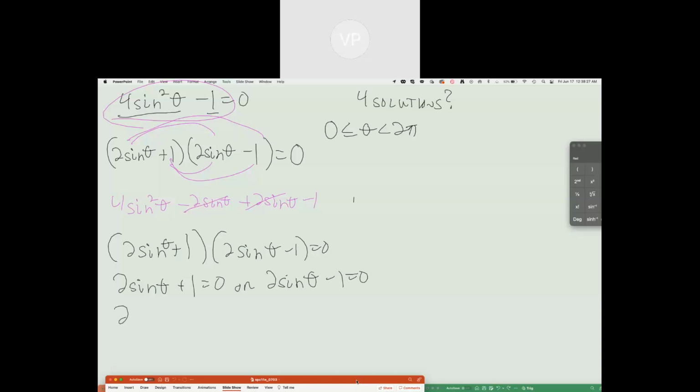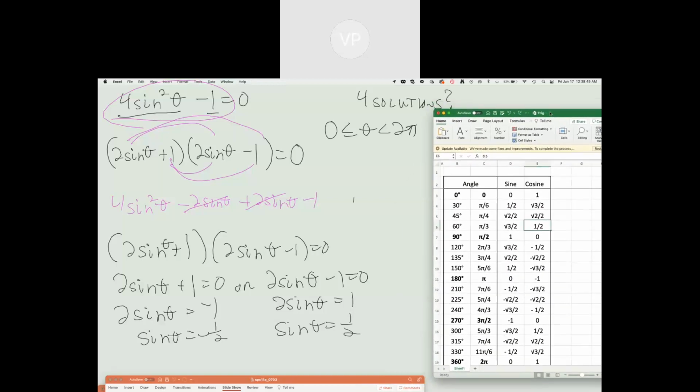And now at this point, you solve both of these just like the homework problems we've been doing so far. Here I get sine of theta equals negative 1/2. Over here, I get sine of theta equals positive 1/2.